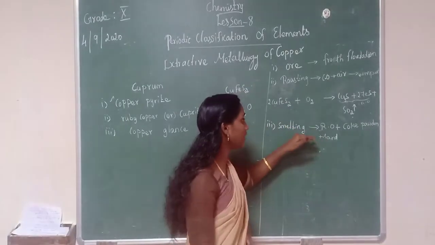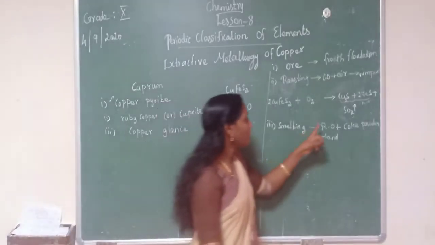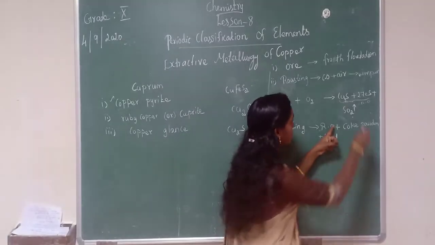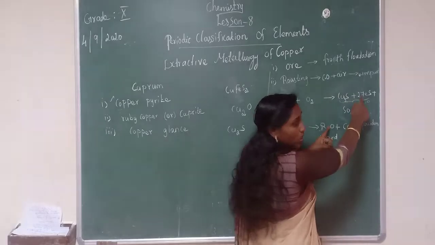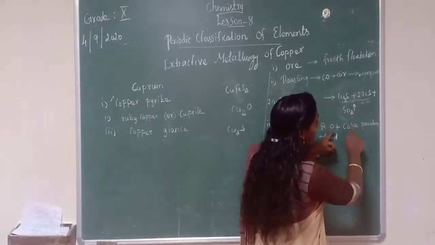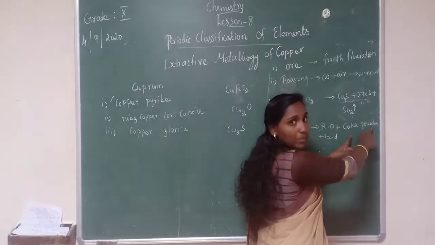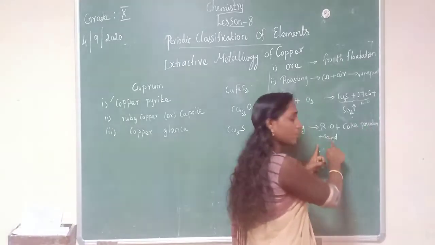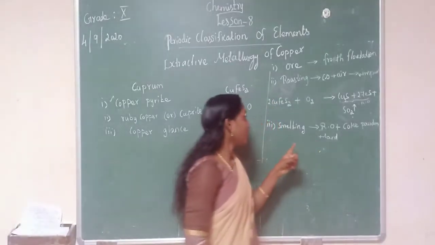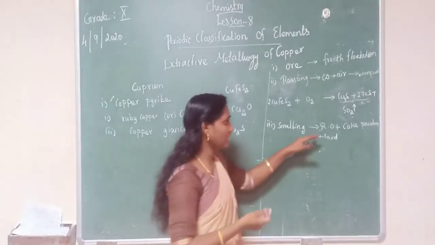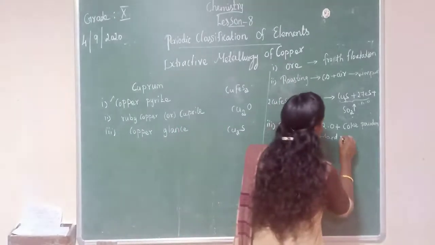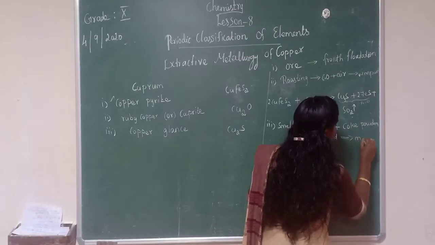Roasted ore means the product we got in this step. Then coke powder, meaning coal powder, and some sand. When we give heating in this blast furnace, it will heat and it will give matte.